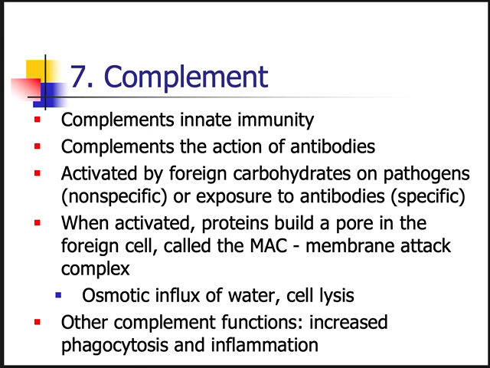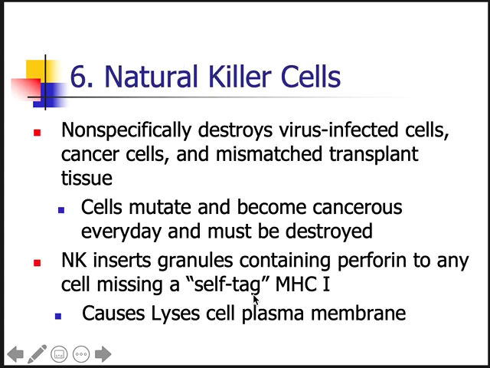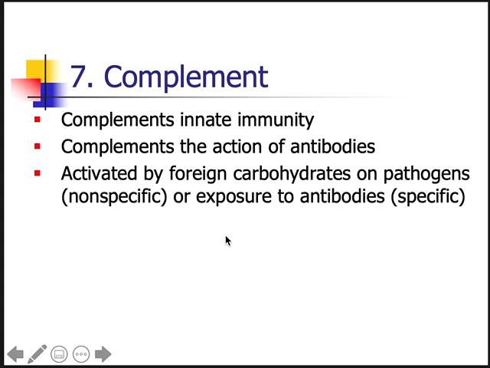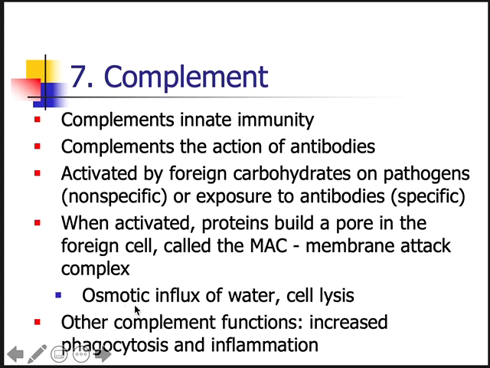The osmotic influx of water is going to cause the cell to lyse open. This is very similar to the perforins we were just talking about with natural killer cells releasing granules of perforin. That's going to punch holes and lyse the cell open. When you create a weakness in the cell wall, it's going to give in to osmotic pressure and water is going to flow in and burst open the cell.